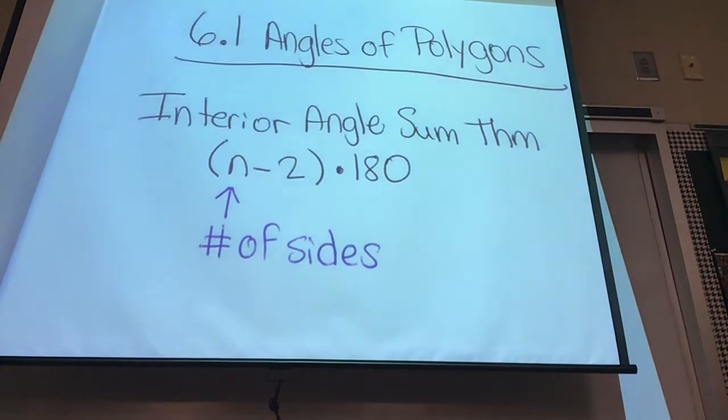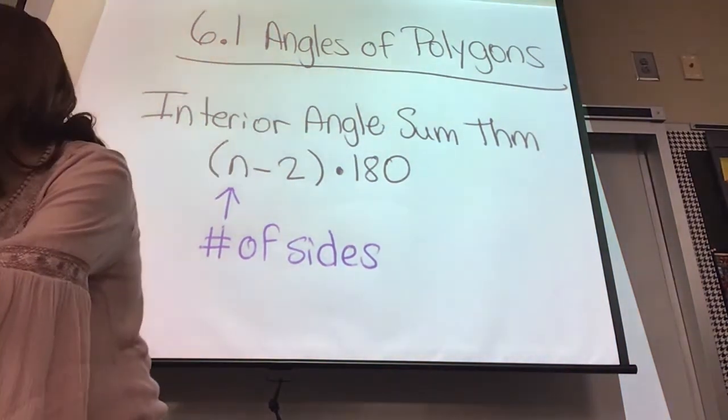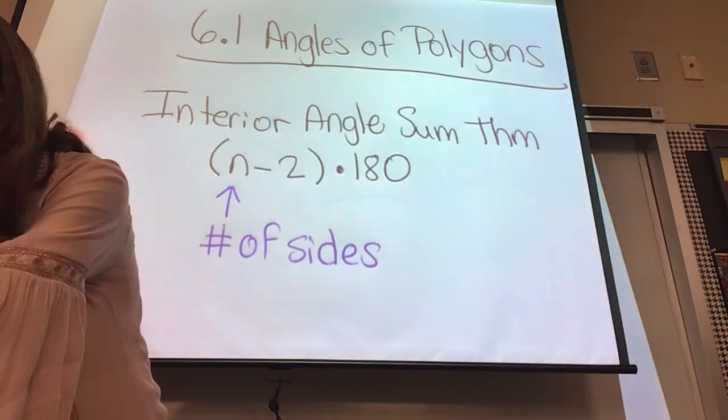So that's where you put the number of sides. If it's 7 sides, 15 sides, whatever, that's where that's going to go. We're going to do a couple of these. Like I said, should be extremely easy.